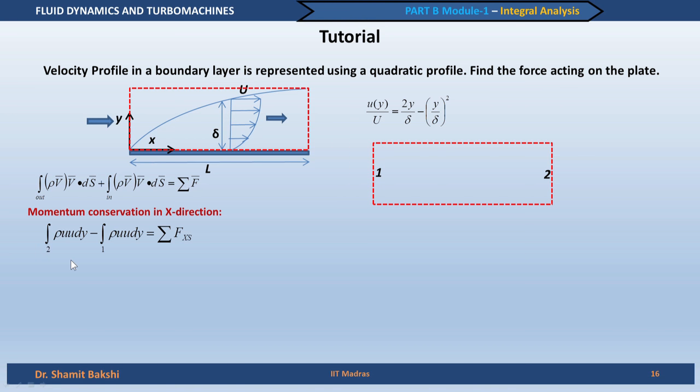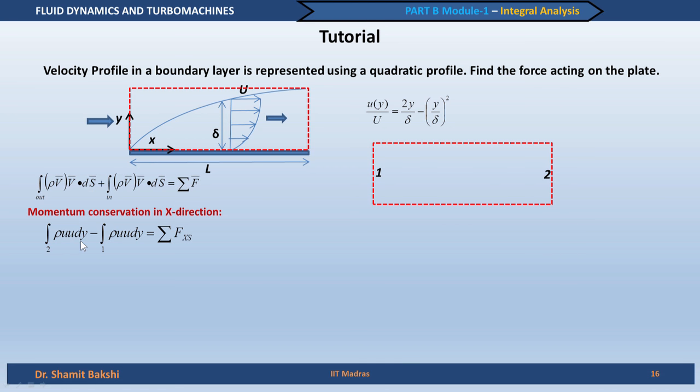If you apply this equation, what you get for the exiting surface, the second surface, is the integral of rho u multiplied by u dy. Basically this v bar becomes u, because we are talking about momentum conservation in the x direction, and v bar dot ds is again u into dy, as it is a scalar quantity.